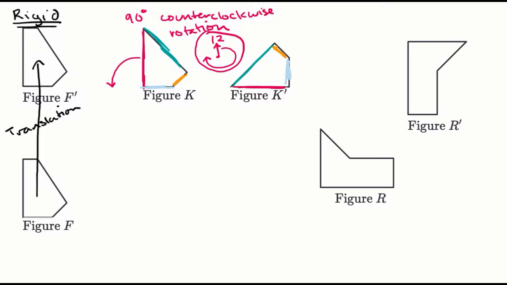Let's do another example. And there's one other thing to point out here. In this first one, you could also argue that maybe you're doing both a 90 degree counterclockwise rotation and a translation. It actually depends what you rotate around. You could rotate around, say, this point. You could rotate around a point out here.